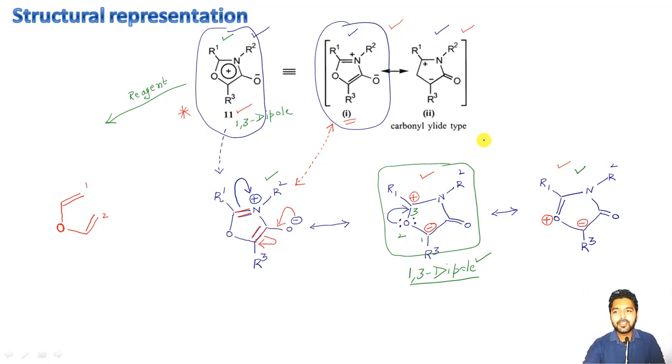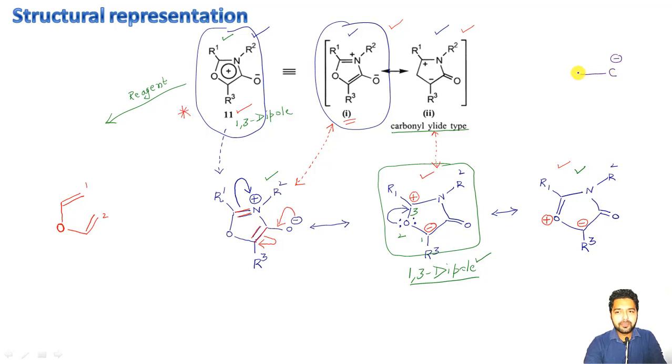And another thing which I must add here is the concept of carbonyl halide, right? So before that, you can see here this structure, this carbonyl halide, and this is exactly the same, right? So what are halides? Halides are the carbon atoms having a negative charge, which is attached to some heteroatom.